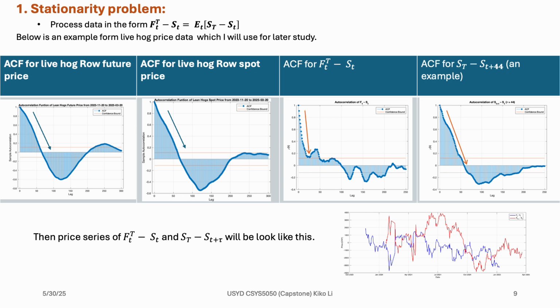As we can see, the raw data in the left two plots are highly correlated, but after I apply the method in substitution in the right two plots, the stationarity of data is getting better. Bottom right plots are the price series overview.